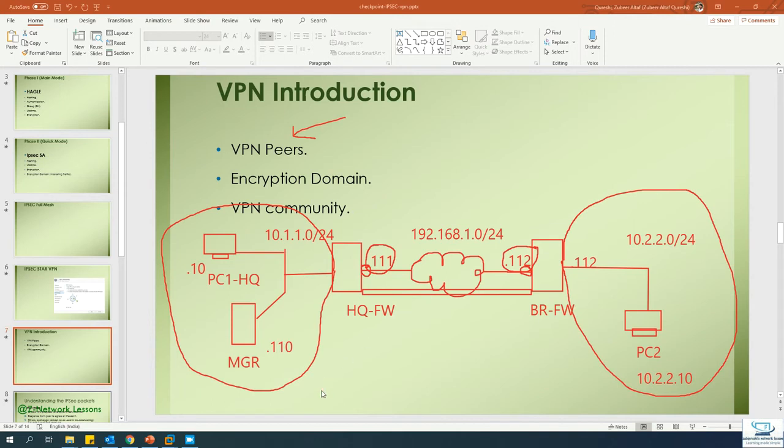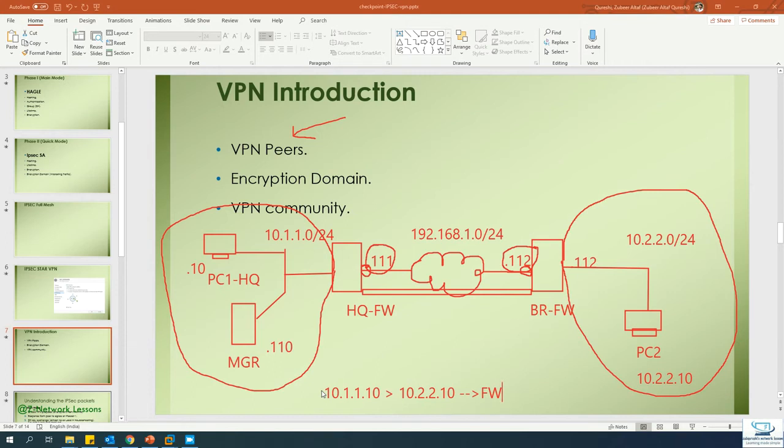Say for example 10.1.1.10 is trying to reach 10.2.2.10. When this packet reaches the firewall, the firewall is going to check the routing table, and it sees that there is a VPN applied to it.